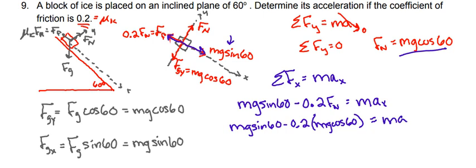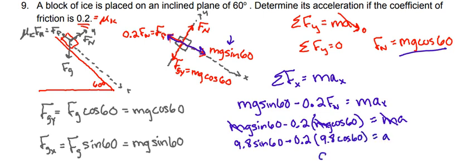And here's where things go well for us. Mass is in every single term, so it can divide out. We're left with 9.8, that's what g is, sine of 60 minus 0.2 times 9.8 cosine of 60 equals the acceleration.